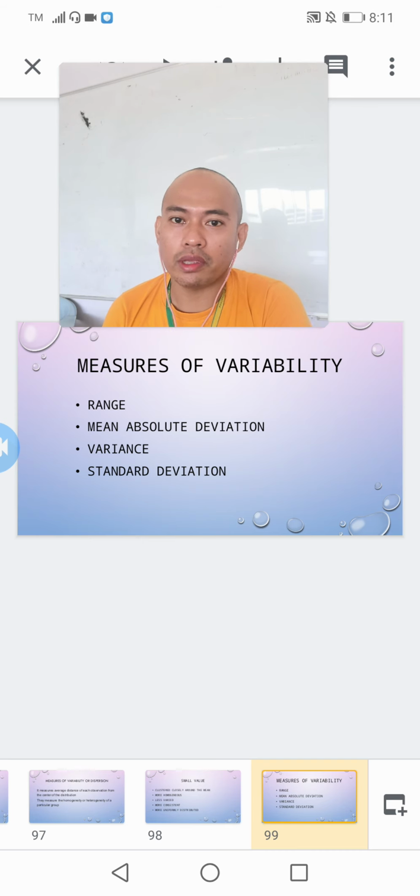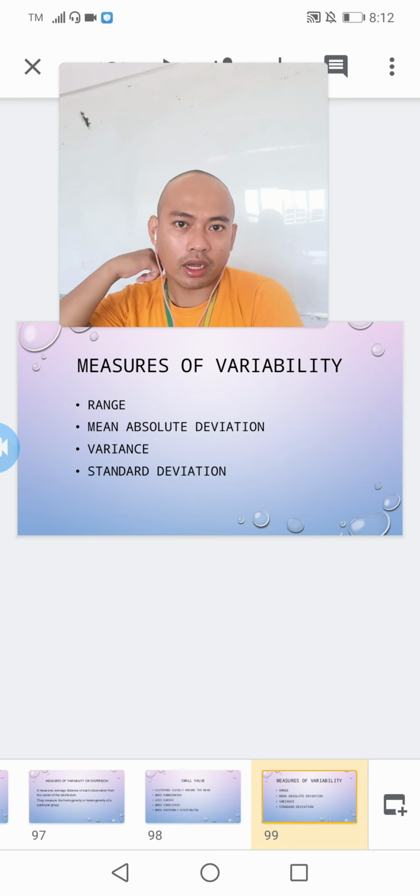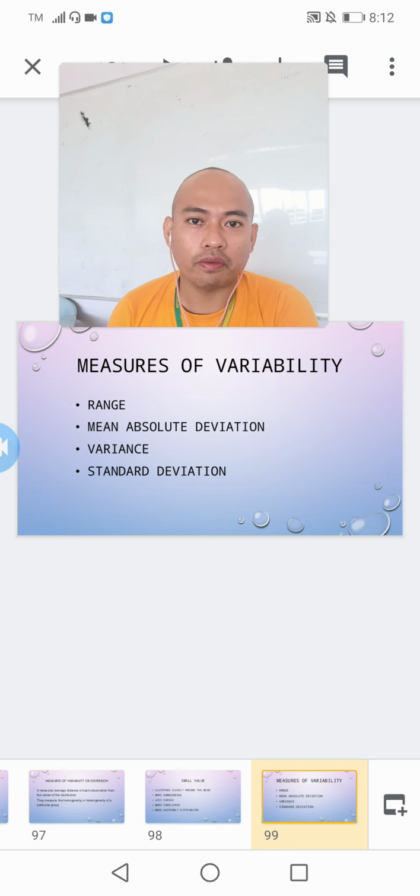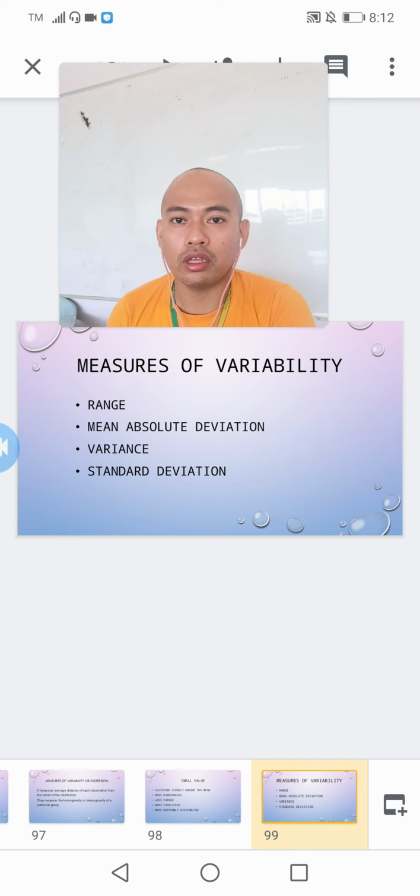Another one is the mean absolute deviation. The third is variance, which is often given by the symbol sigma square. And the last one is the standard deviation, which is the square root of the variance, or the square root of sigma square.